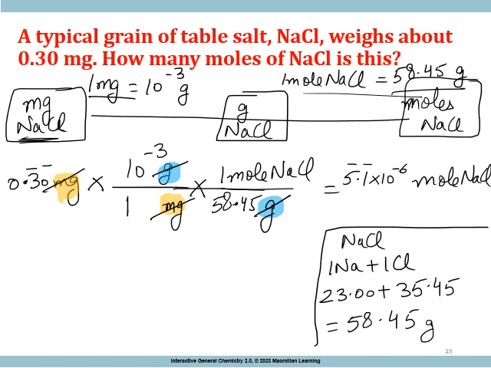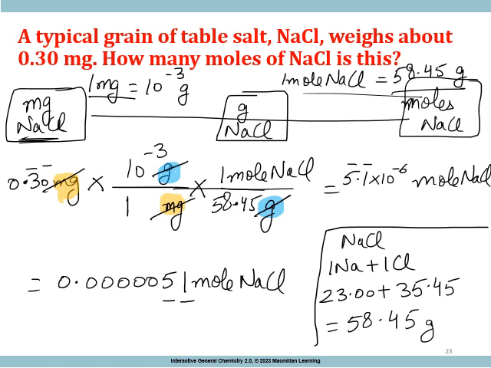You could get this, or if you write this, both are the same, 0.0000051. If you give me this, that is also okay. Either one is okay, as long as they both have 2 sig figs. Any of these answers would be regarded as correct.